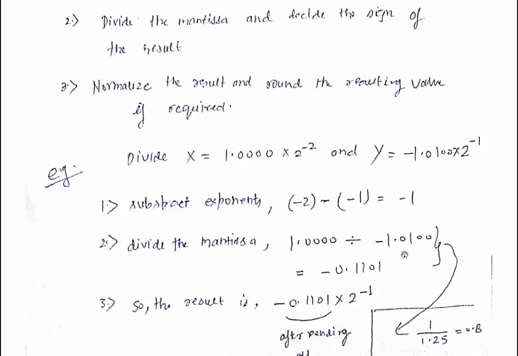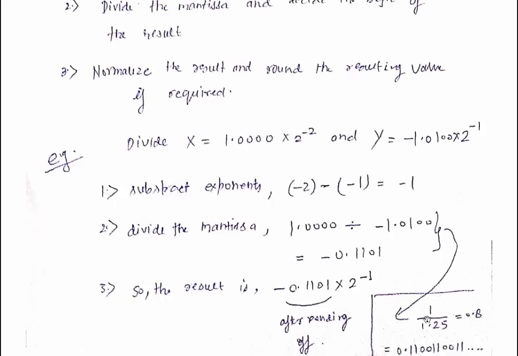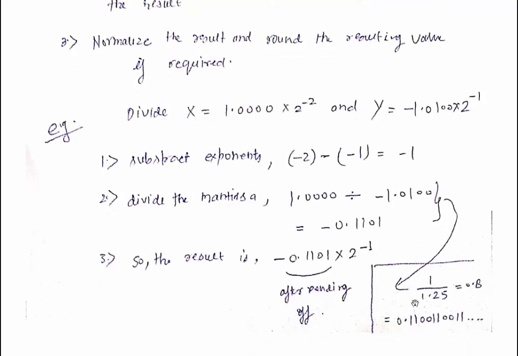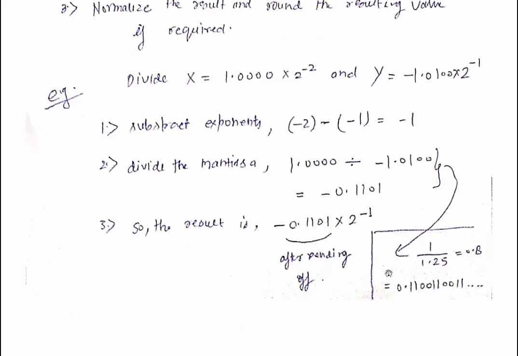You divide 1 by 1.25, which is 0.8. Converting 0.8 into binary gives 0.1100 1100 1100. If you perform rounding off, this would be minus 0.1101 times 2 raised to the power minus 1. So this would be your result.